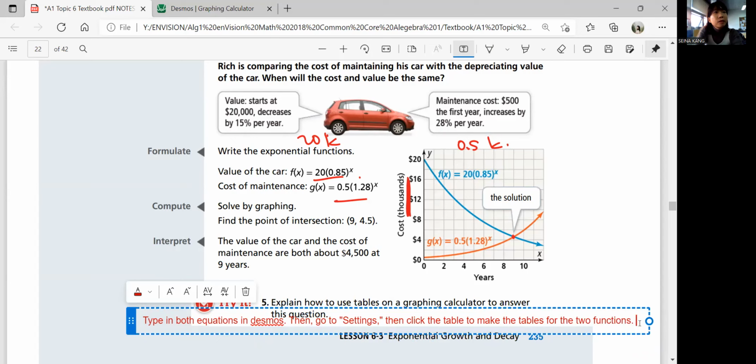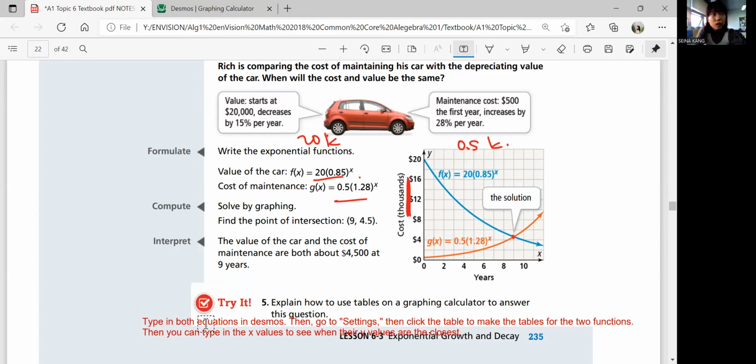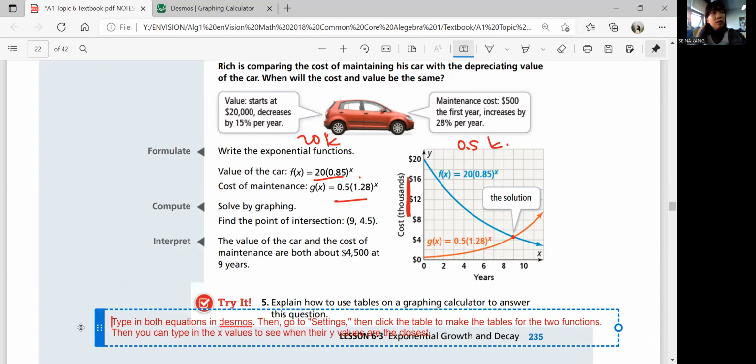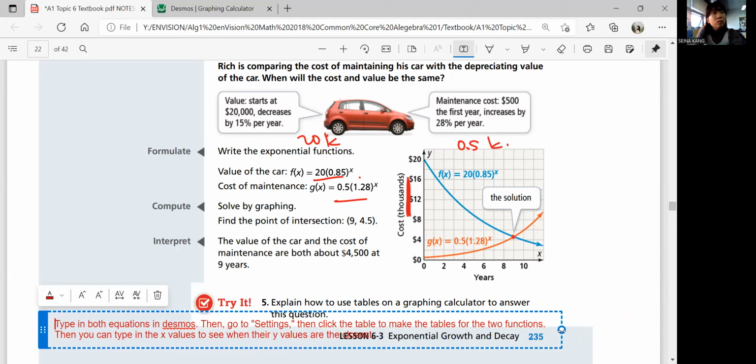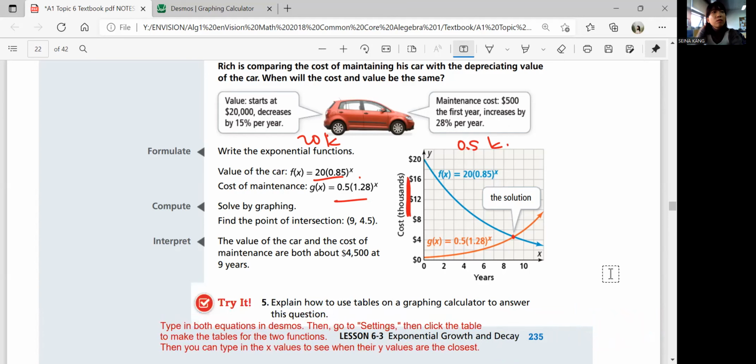Then you can type in the x values to see what their y values are. So you can try to write in your own words, or you can copy mine down. Okay, but the whole goal is to find the intersection point.